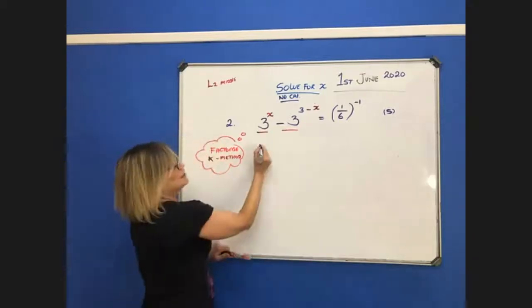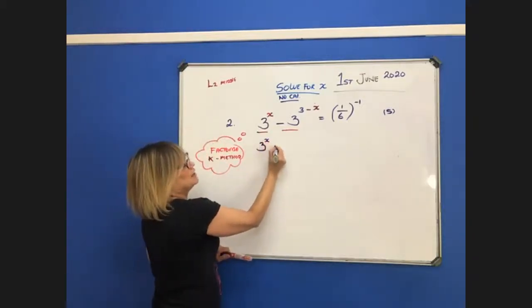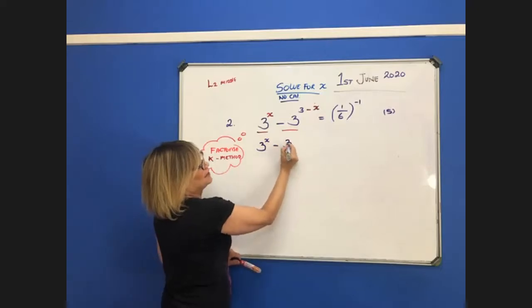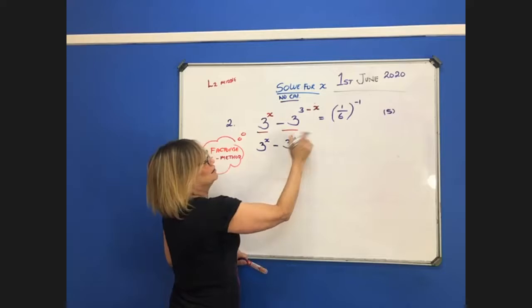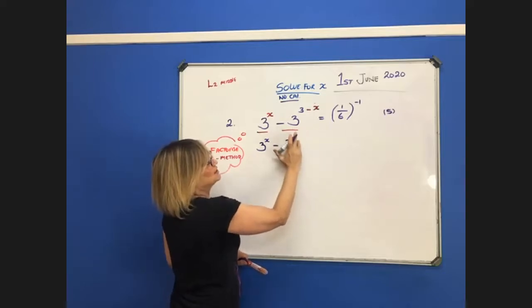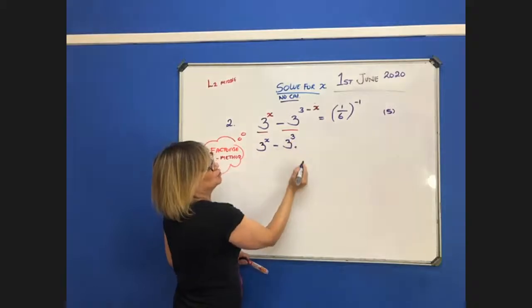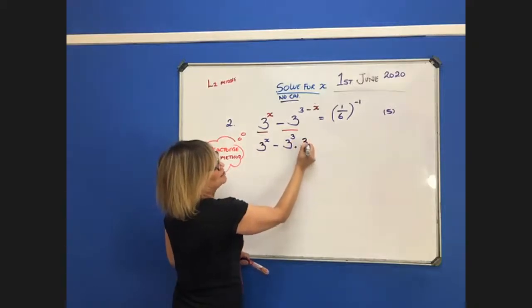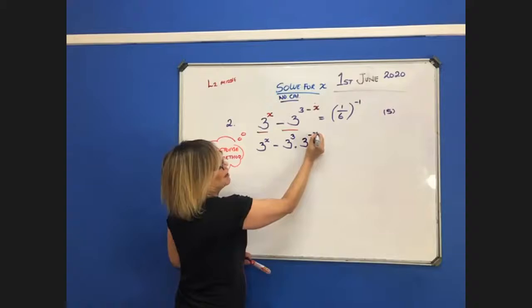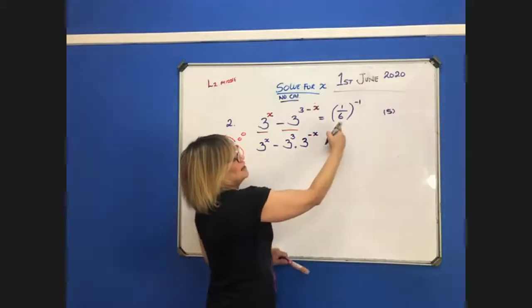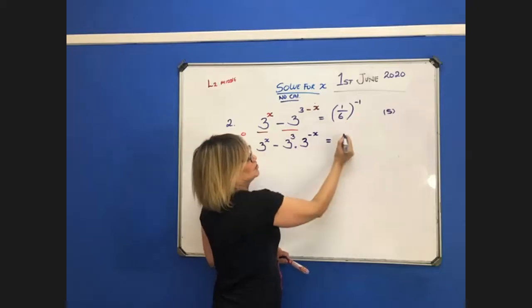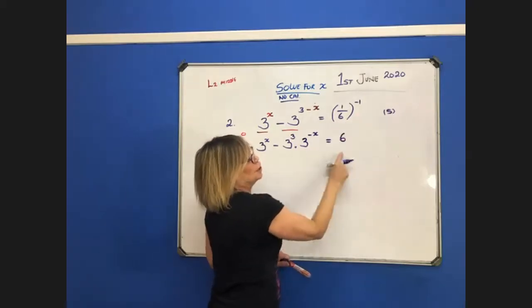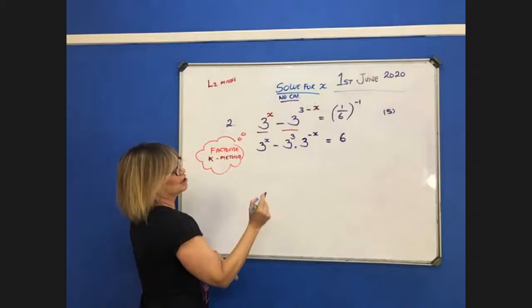So let's see it. We've got 3 to the x minus 3 to the 3 times 3 to the exponent of minus x. First of all, I wrote it too small and I said the wrong thing: 3 to the 3 dot, which means times, base 3 to the exponent of minus x. On the right-hand side, just to fix it up, if you flip it, it's just 6. But I know this is going to be a trinomial. I'll show you why.